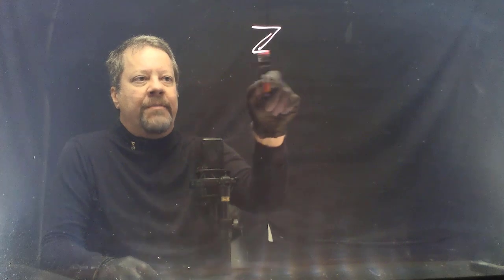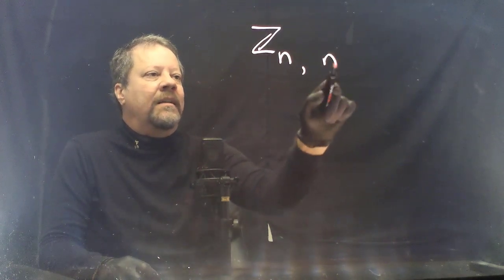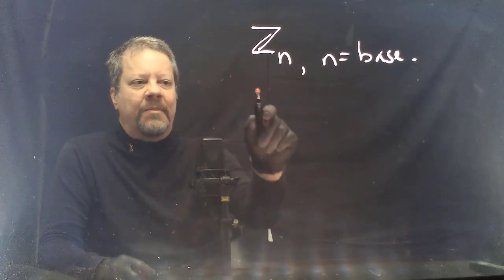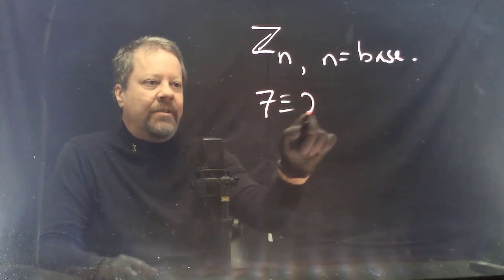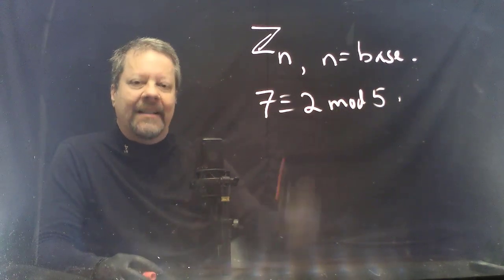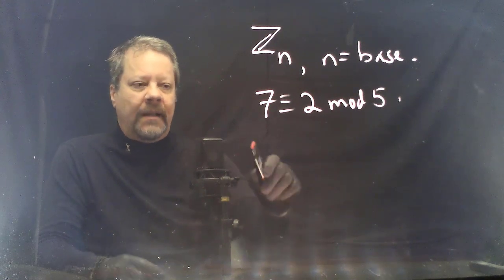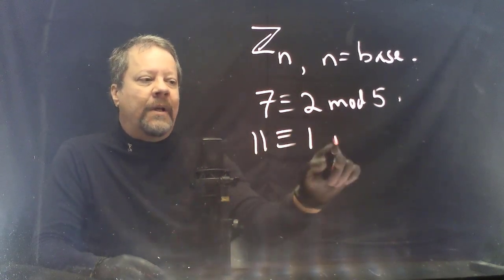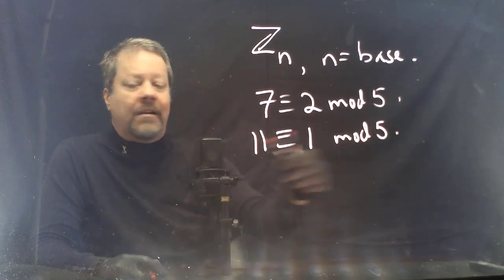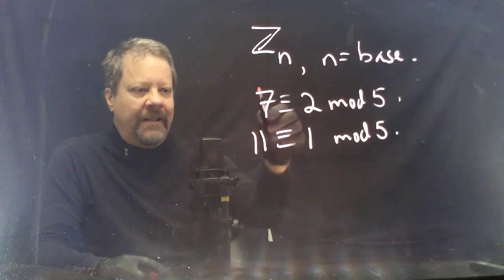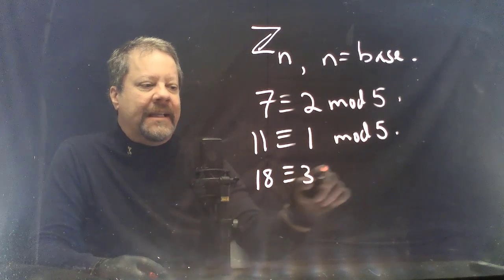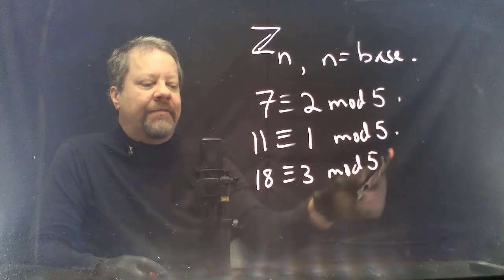In the modular arithmetic for Z sub n, n is called the base. So in particular, 7 is congruent to 2 mod 5. The base that we're working in is 5. Similarly, 11 is congruent to 1 mod 5. Let's check our rules from the last theorem. If we add these, is it true that 18 is congruent to 3 mod 5?